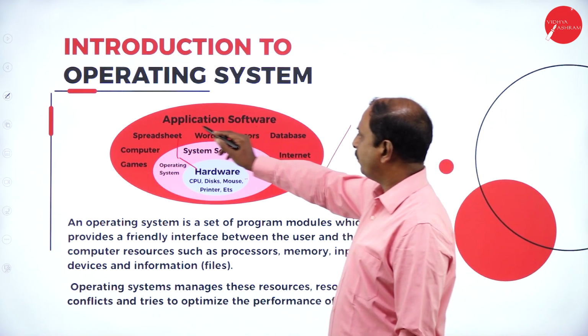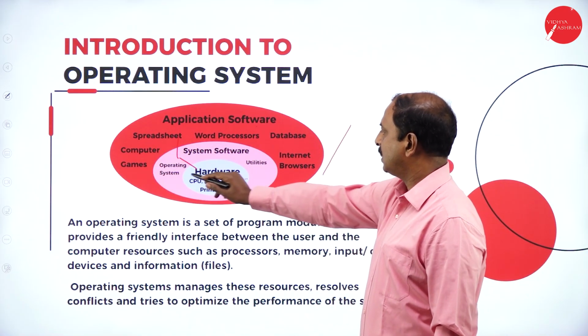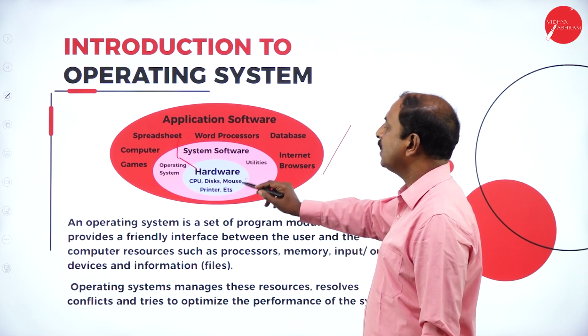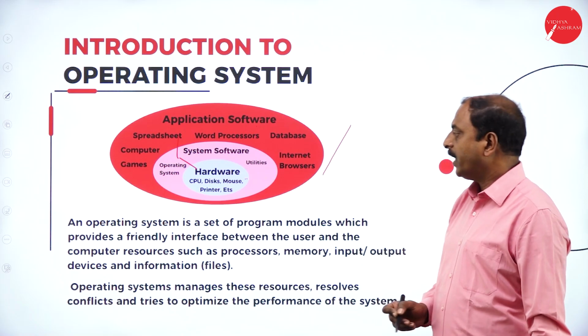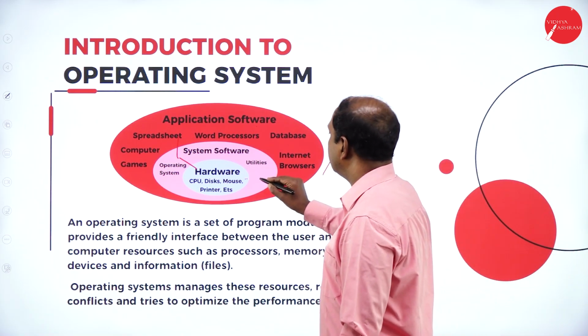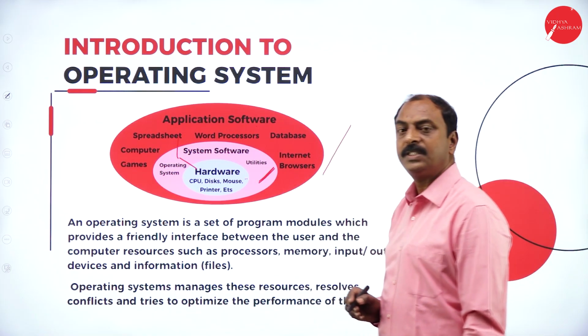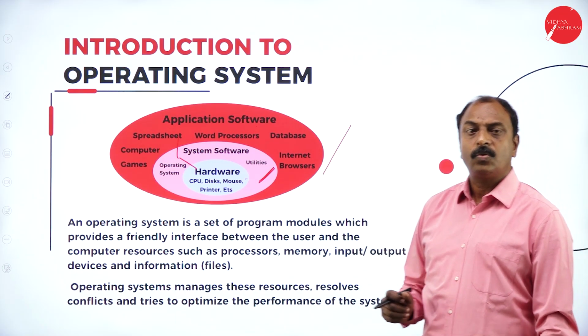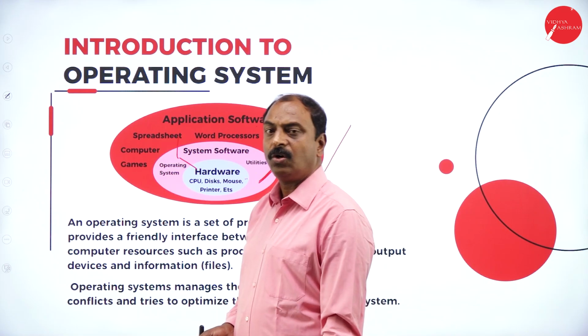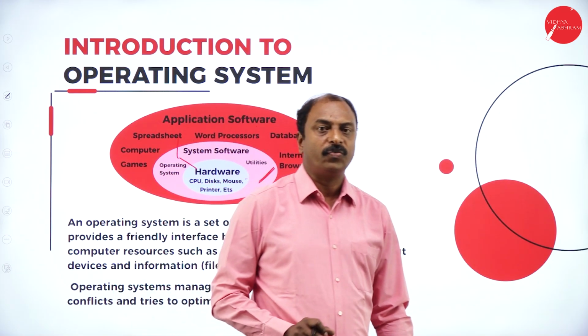Now we can see the example of application software, system software, and computer hardware. This is how we represent an operating system. And actually, this is the base of the computer system. Once an operating system has been installed, only then are we going to install different application software.